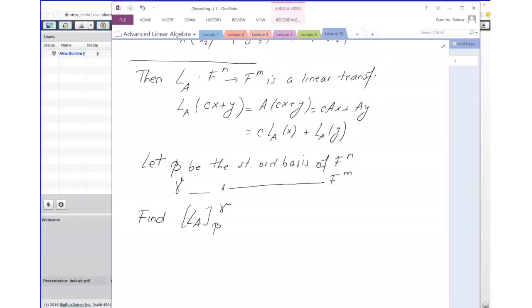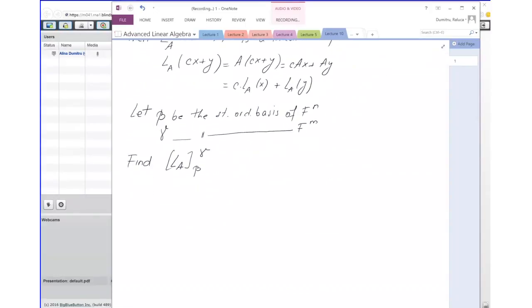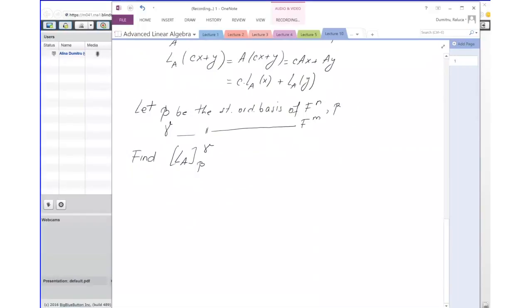So remember that beta is going to be E1 through En. I'm hesitant to write it like this because it seems like there is an overlap between the two bases, and they have nothing in common, right? In beta, we have n by 1 vectors, or n-tuples. Gamma contains m-tuples.